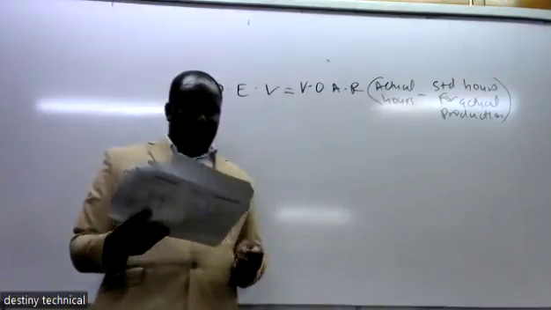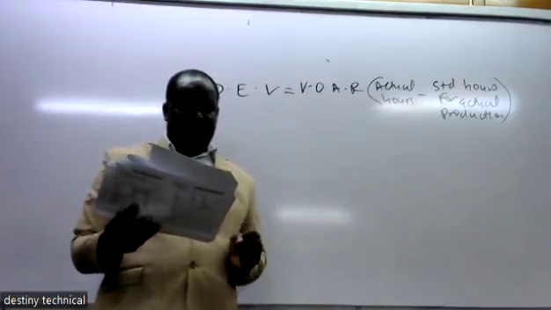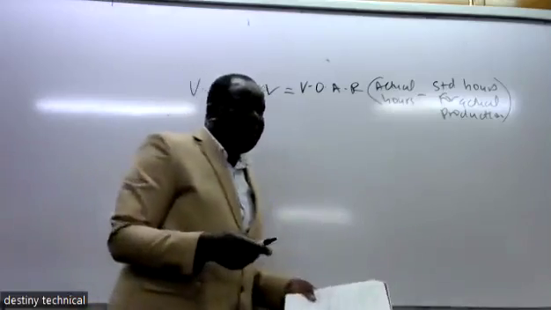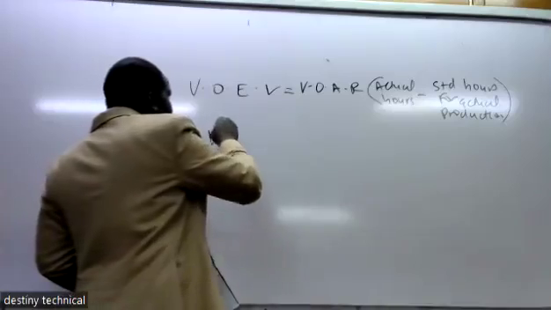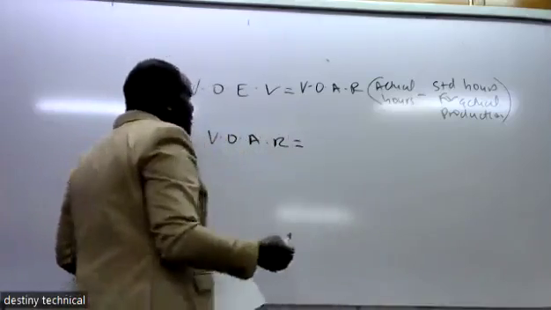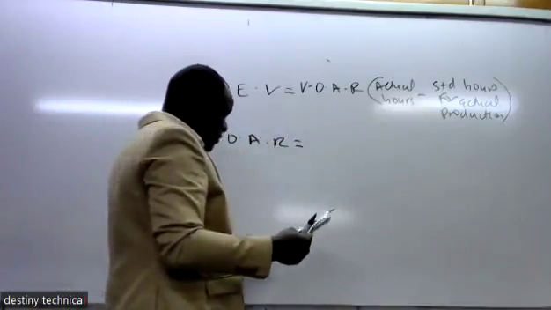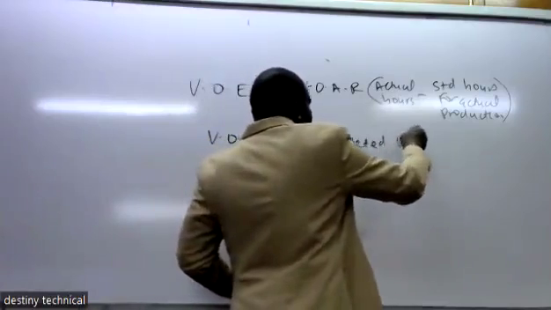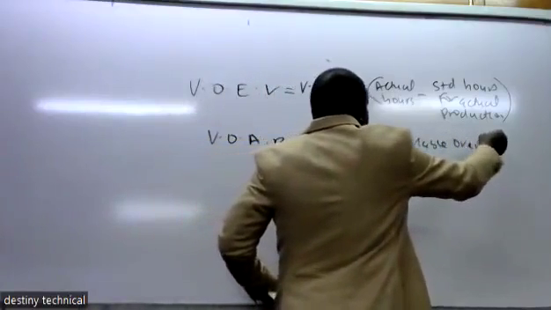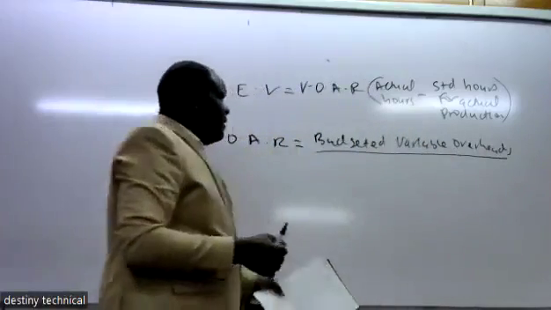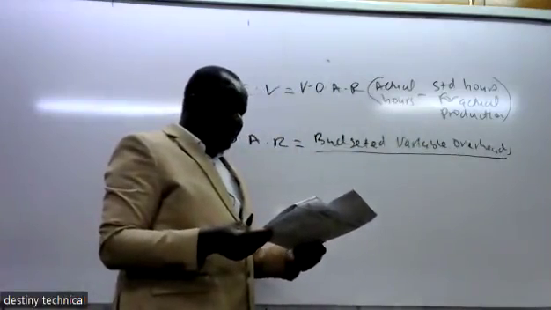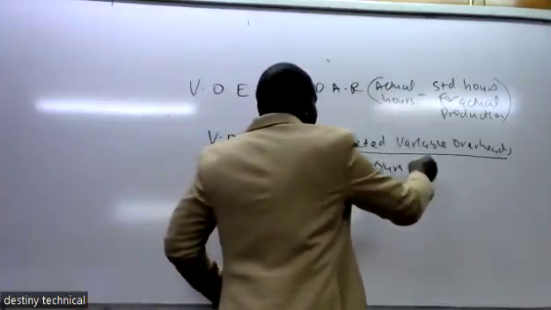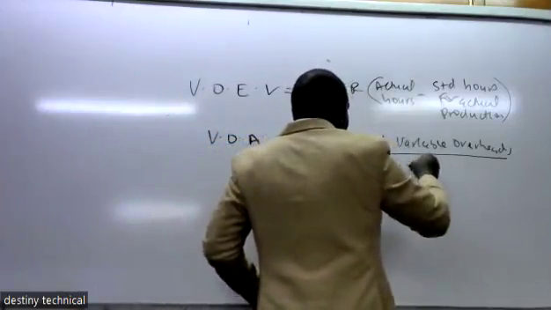To calculate the variable overhead absorption rate, you simply take the budgeted variable overheads and divide by the standard hours for the budgeted production.